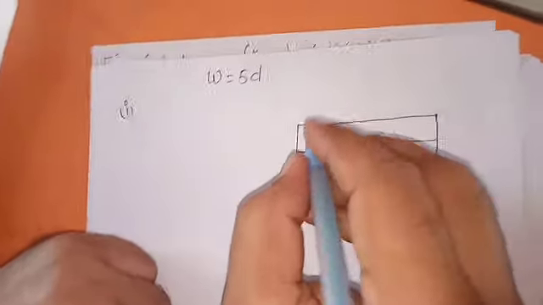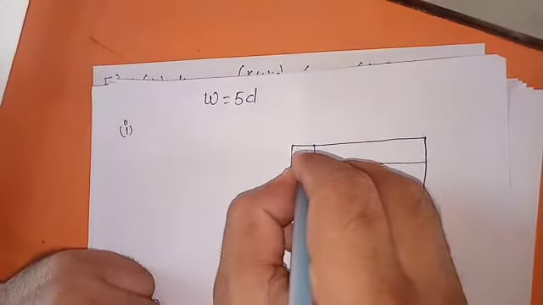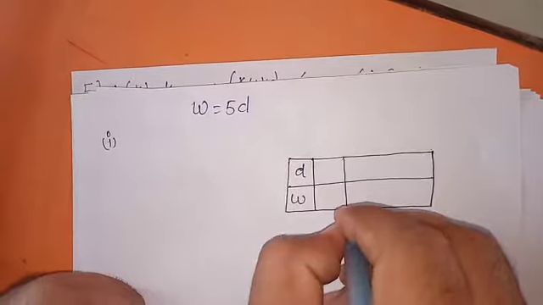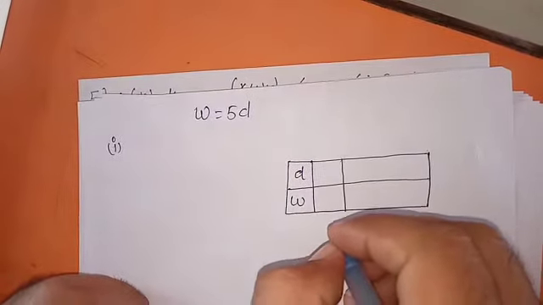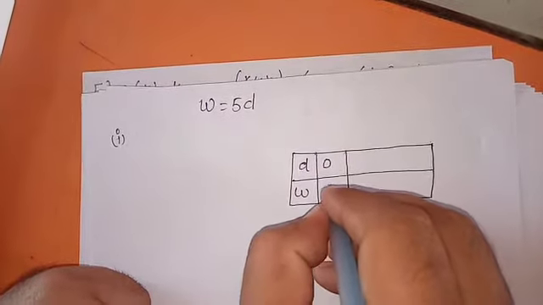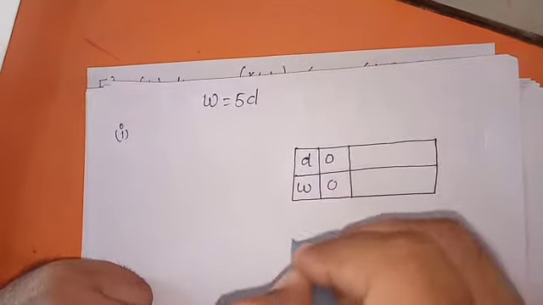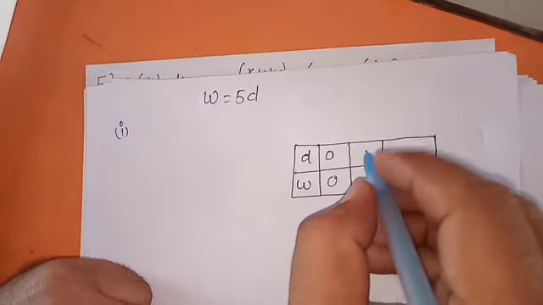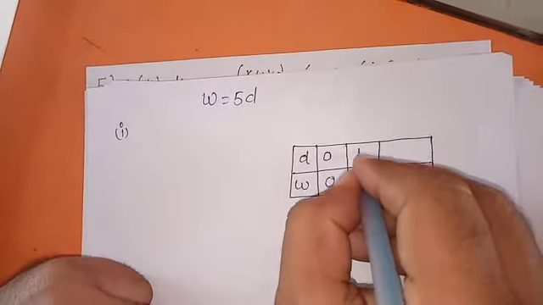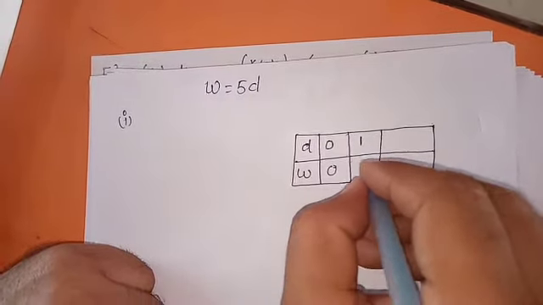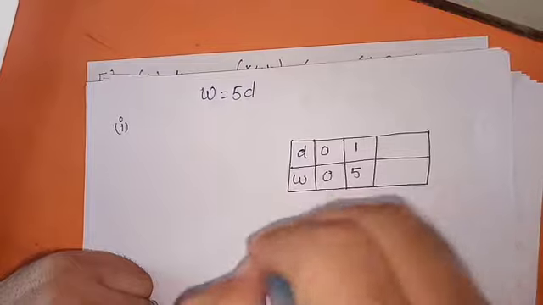So what can you say? Here you can take D and here is W. Understood? If D is 0, then W is also what? 0. Yes or no? If D is 1, then what's W? 5.